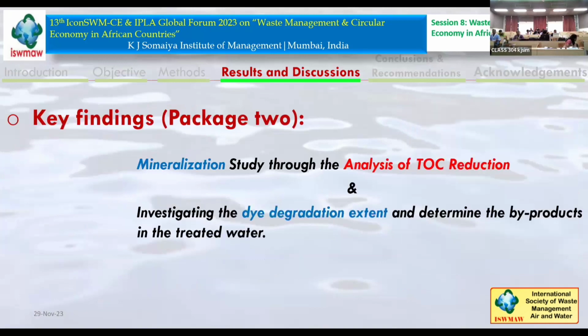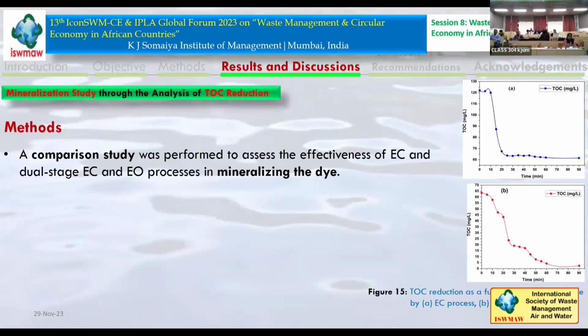Again, we evaluated the mineralization study through TOC reduction. This is because we compared the effectiveness of electrocoagulation and the dual-stage electrocoagulation and electrooxidation process as a combined technology in mineralizing the dye from the textile industry wastewater.